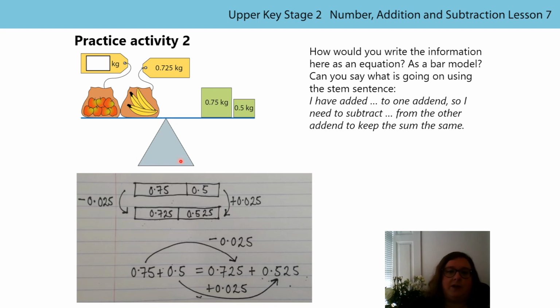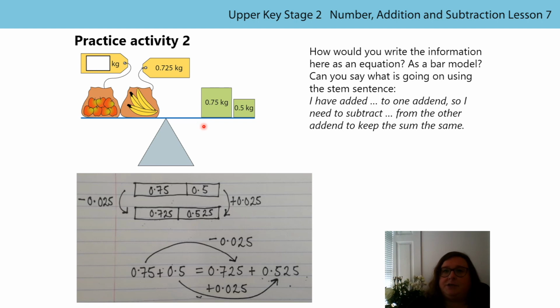It's shown on the balance scales, so we know that this pair of addends on the left is equal to this pair of addends on the right. They're going to have the same sum. I decided to start with the addends on the right because I could see I had all the information I needed. You might have chosen to start with the addends on the left, and that's fine too.